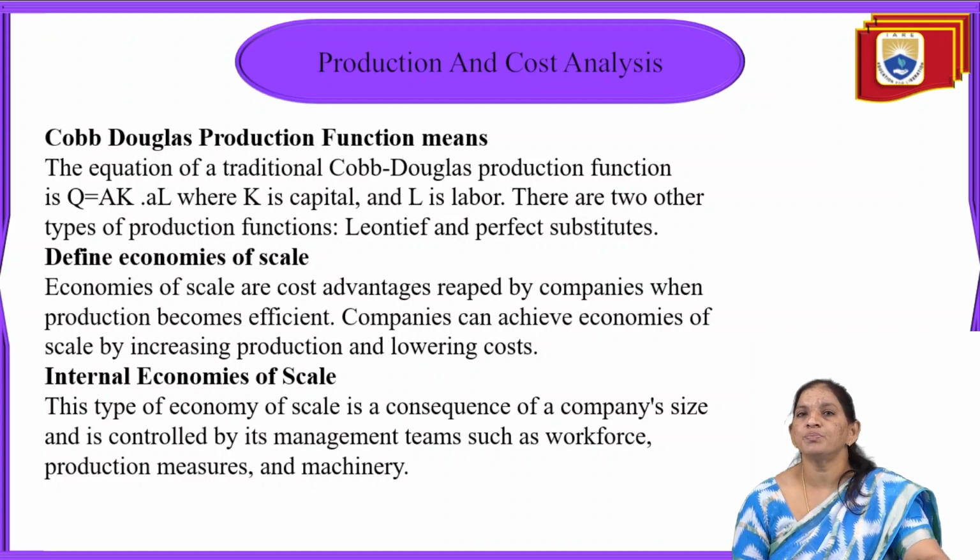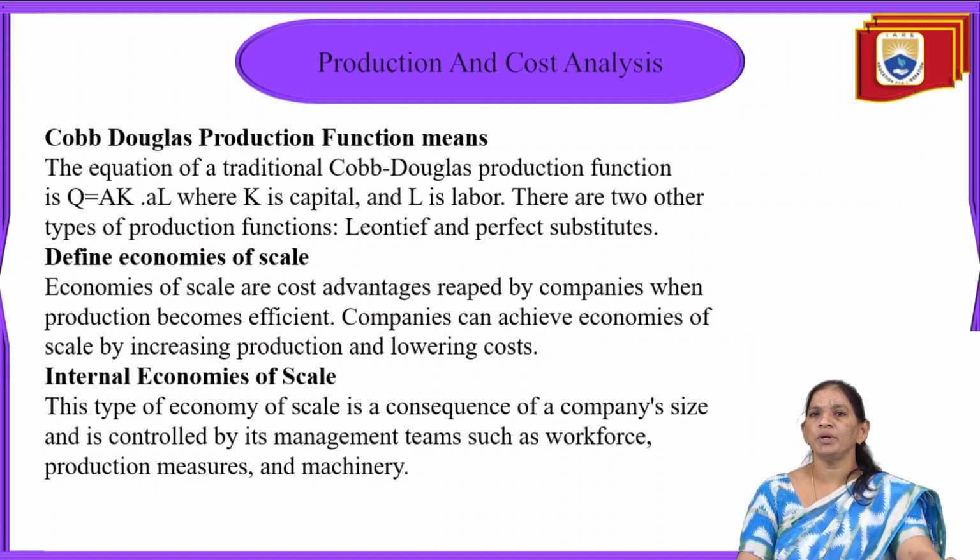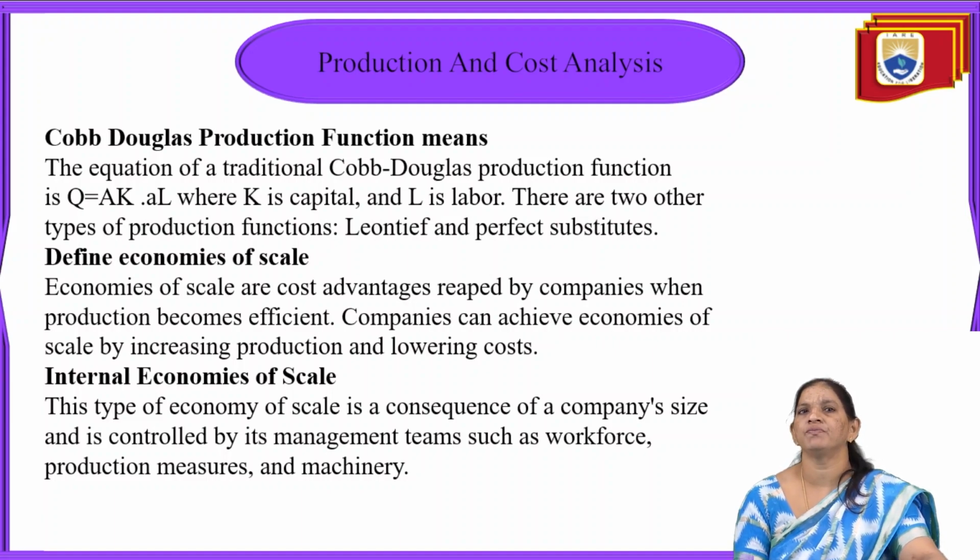Next, Cobb-Douglas production function. The Cobb-Douglas production function is one type of production function, given by a famous economist, Cobb-Douglas. The equation provided by the economist is famously called the Cobb-Douglas production function.